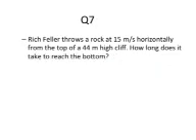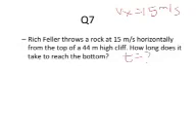Question 7 is now talking about the entire trip. How long does it take to reach the bottom? We're looking for time for it to fall. All we really know is a Vx of 15 meters per second and a dy of 44 meters. Because this rock is falling, we'll make it a negative 44 meters to indicate that it's going down.